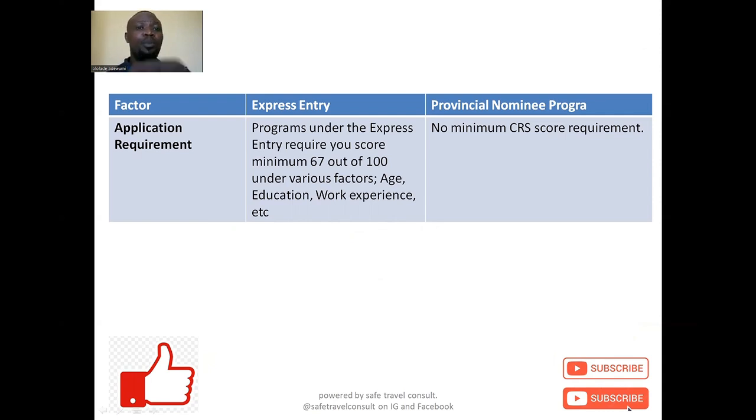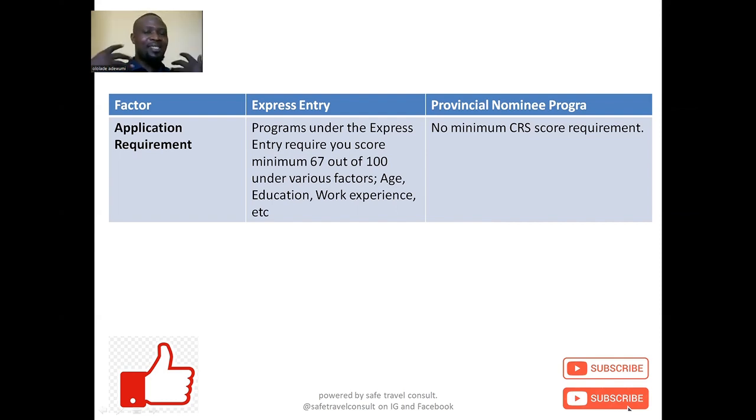Express Entry is point based. You will be given points based on the information you submitted when creating your Express Entry profile, based on your age, education, work experience, your IELTS score, and other factors. You must score a minimum of 67 out of 100 in order to be qualified.